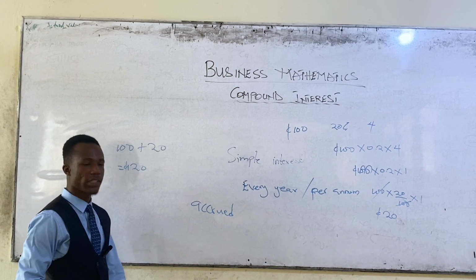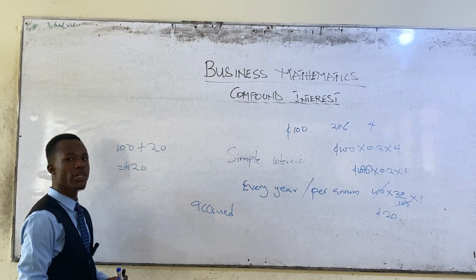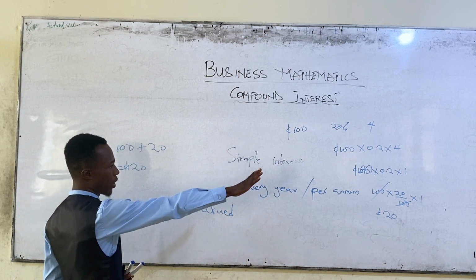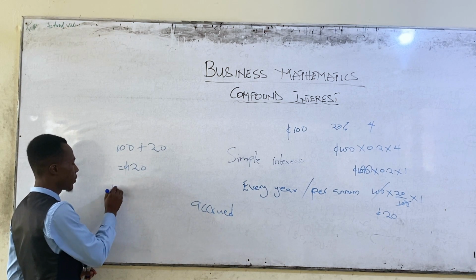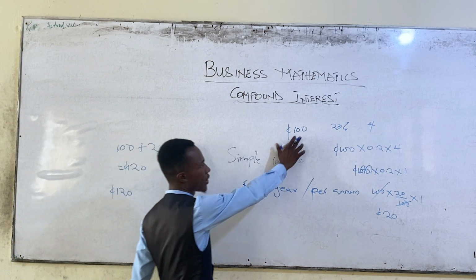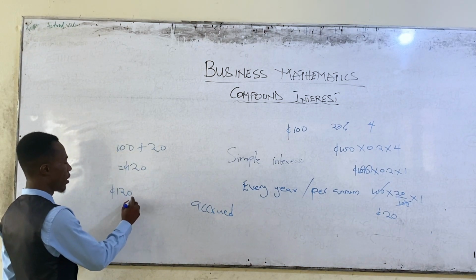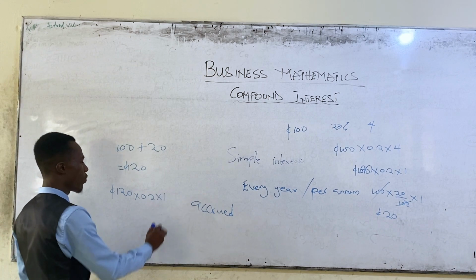Then after getting the 120 Ghana cedis, it means this 120 Ghana cedis is going to be the principal for the following year. So you are done with year one. You are now moving to year two. So when you come to year two, your principal is going to be 120, not the 100. I hope you get it. So now you have 120 here, multiplying the same rate, which is 20%, times another 1 year.